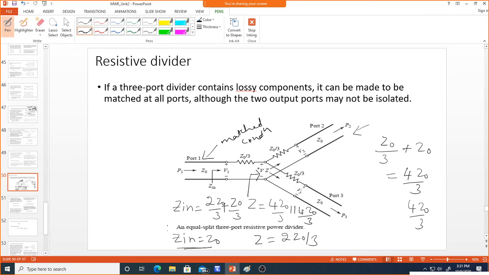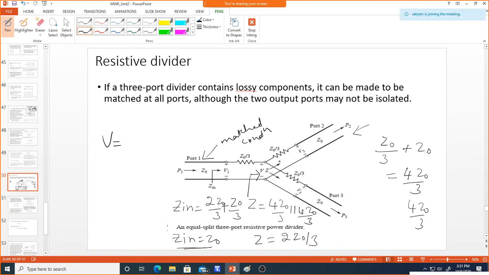So now if I calculate the voltage at the junction, we already know this parallel combination gives 2Z0 by 3.